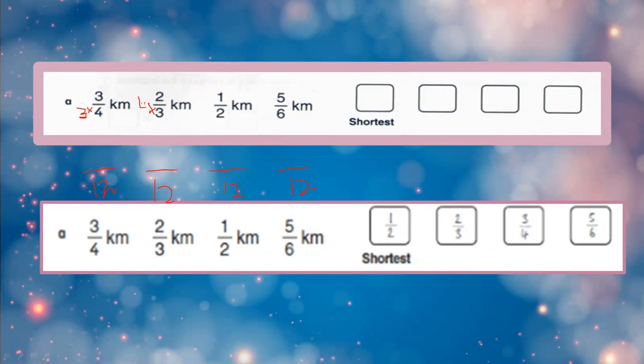What about the next? 2 is going to multiply by 6. That's great. And the 6 is going to multiply by 2. That's why the 12 came. So step number 1 is done, and we have converted all the denominators to the same number. Now we move towards step number 2.